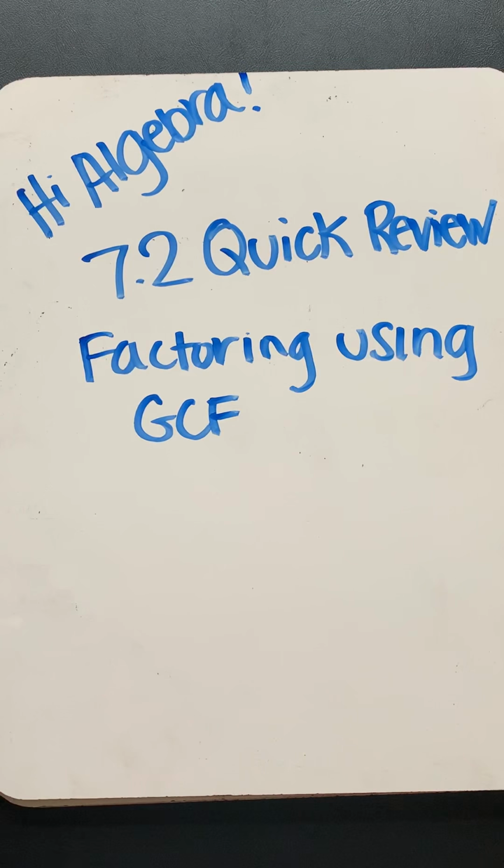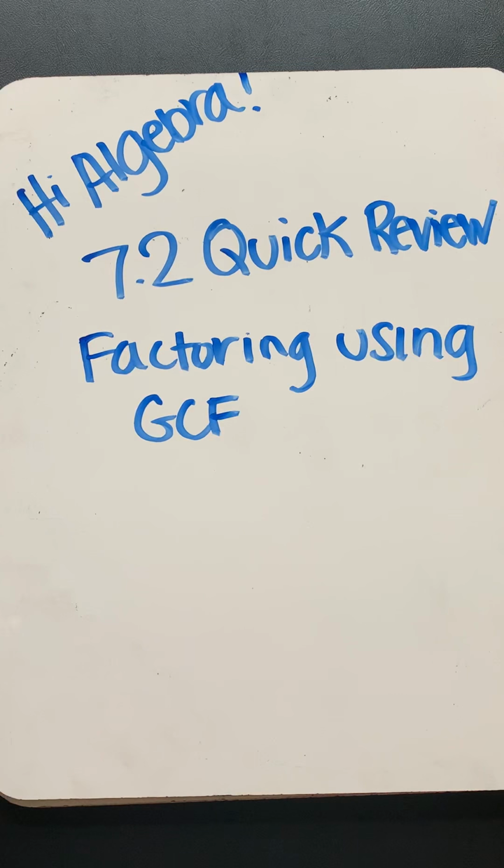So factoring by GCF. Factoring is kind of like the opposite of multiplication, the polynomial's version of division. One of the things we look for is a greatest common factor.